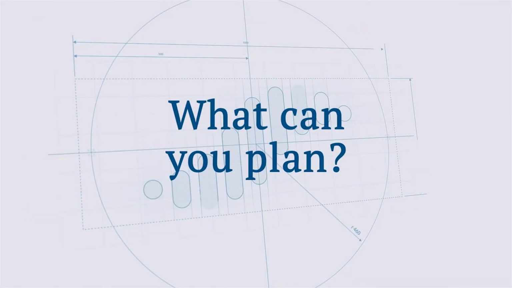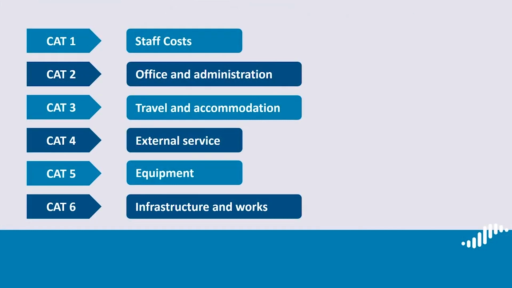Now you are aware of do's and don'ts. Let's check what you can plan. You can plan what is needed for implementation of your activities and is in line with the eligibility rules of our program. However, to construct your budget, you will use 6 main cost categories. We call them CATs.